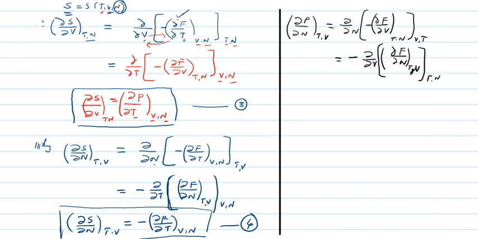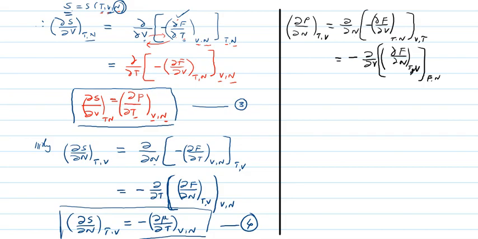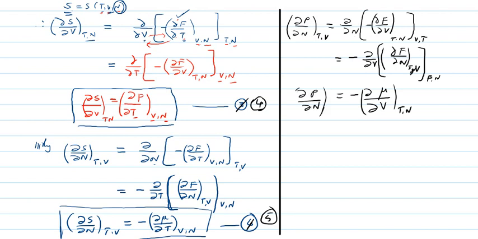So here I should have called this one equation 4 and this one 5. This is equal to minus dou mu by dou V, keeping T and N constant. So dou P by dou N, keeping T and V constant, is equal to minus of this particular thing. This is my equation number 6.